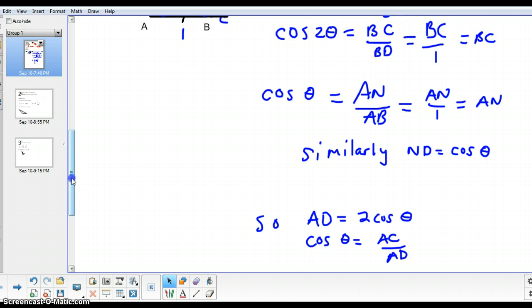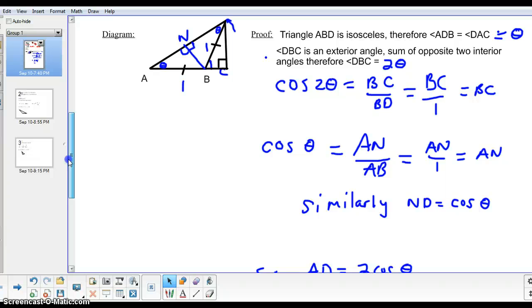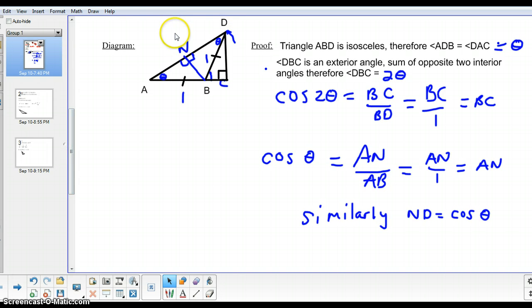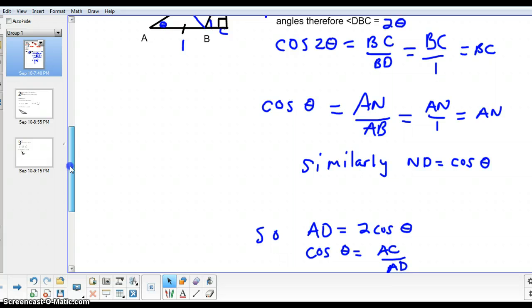So let's look at why AD is equal to 2 cosine theta and cosine theta is equal to AC over AD. The first part is, if you look at AD, you can see that AD is AN plus ND. And since AN is equal to cosine theta and ND is equal to cosine theta, we can say that cosine theta and cosine theta would be 2 cosine theta.